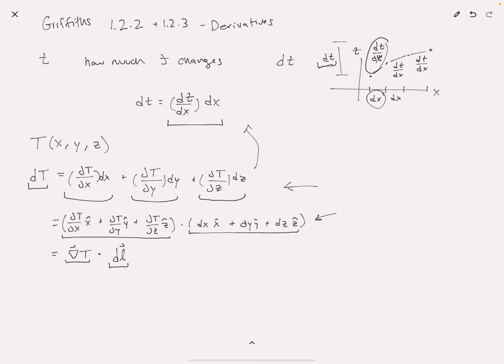Let's get an idea what this gradient really means. I have this function t. t is a function of x, y, z, so it exists over all space. And I want to know what the total change in my function t is.